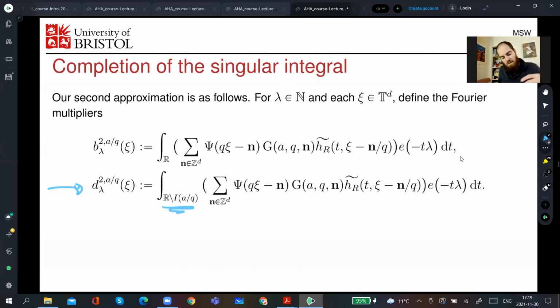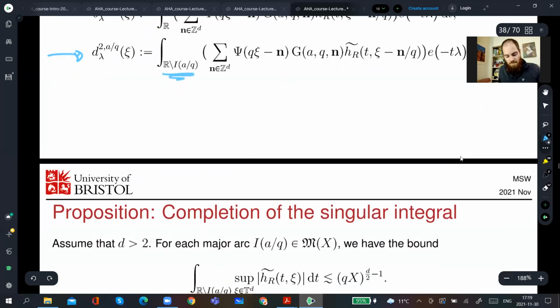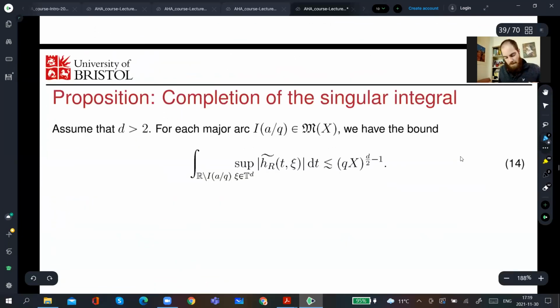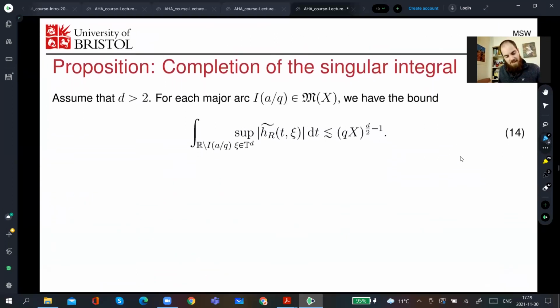We proved the analogous bound for this previously, when c was equal to 0, by stationary phase, not non-stationary phase, not integration by parts. And for that, we have the following proposition.